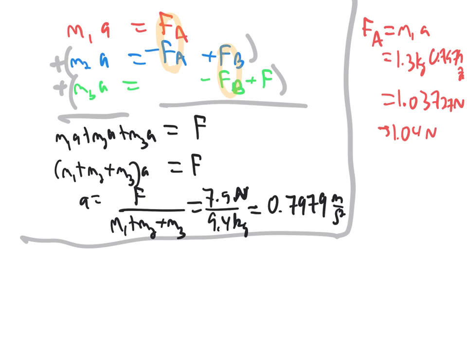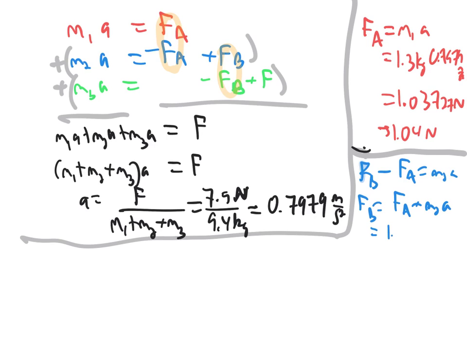And then we're going to do something similar, and we're going to take the blue equation, and we're going to say that FB minus FA is M2A. So FB is FA plus M2 times little a.